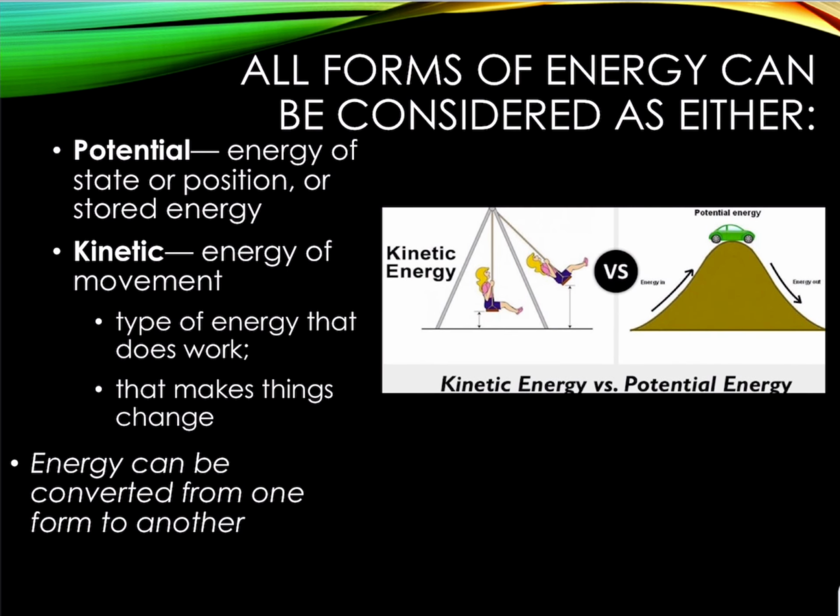More about energy. All forms of energy can be considered as either potential energy, that's the energy of state or position, or stored energy, or kinetic energy, that's the energy of movement. So the type of energy that does work, that makes things change. Energy can be converted from one form to another in various processes.